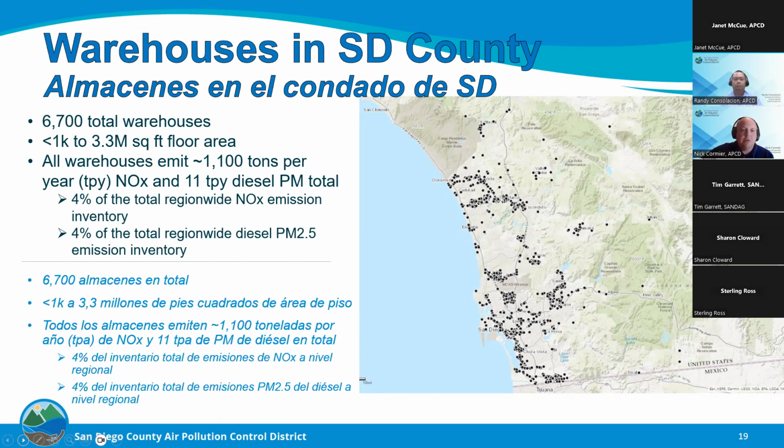This includes average truck trip rates, which were calculated in proportion to square footage, meaning larger facilities were assumed to generate more truck trips than smaller facilities. The total indirect source emissions from warehouses equates to approximately 4% of the countywide inventories for both NOx and DPM.